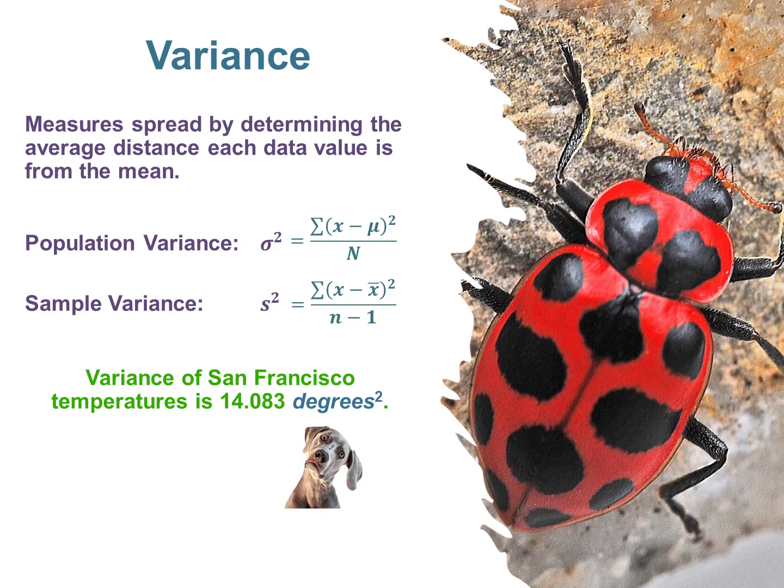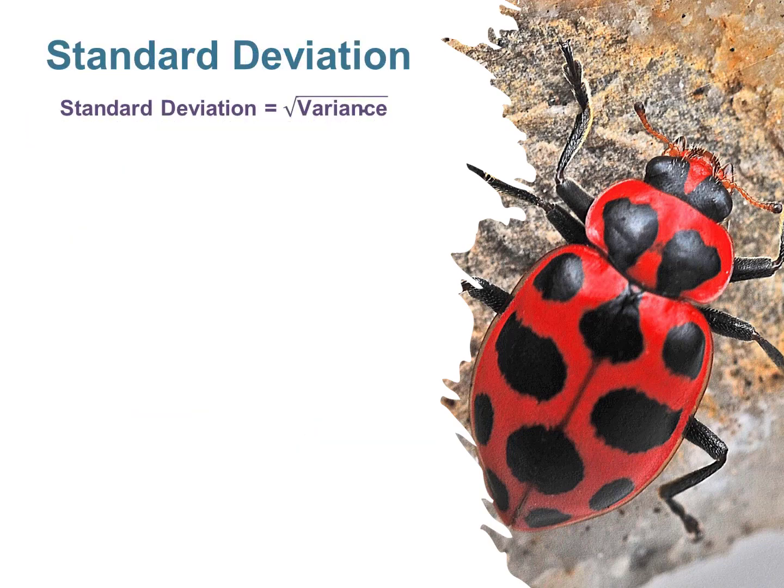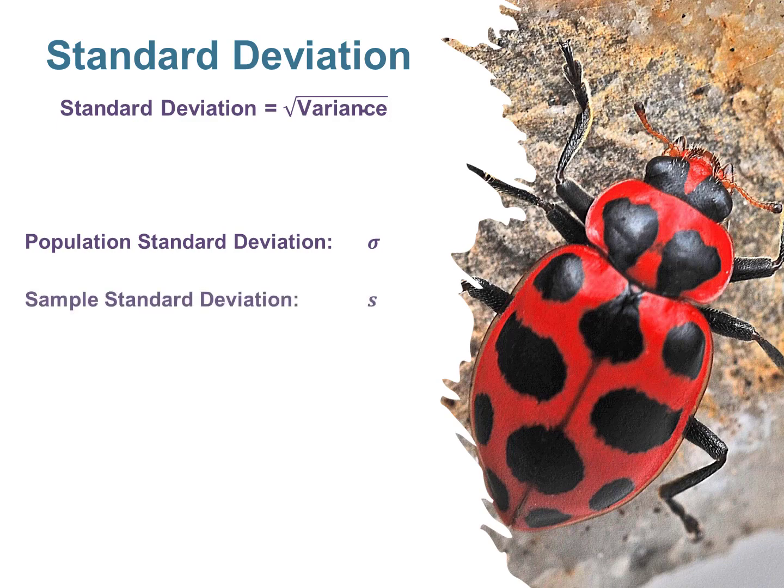A more common measure of spread is the standard deviation. The standard deviation is the square root of the variance. The standard deviation is more useful because the units are the same as the data. For example, hours, meters, degrees, etc. The standard deviation of a population is denoted by sigma, and the standard deviation of a sample is denoted by s.